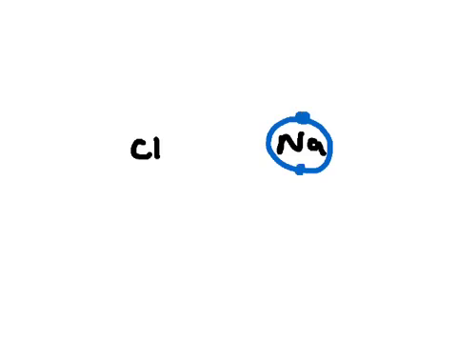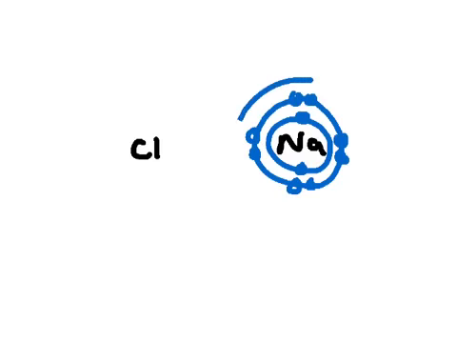Here we go. Here's chlorine, and here's sodium. So once again, 1, 2, 3, 4, 5, 6, 7, 8, 9, 10, and on this third energy level, we'll go 11.